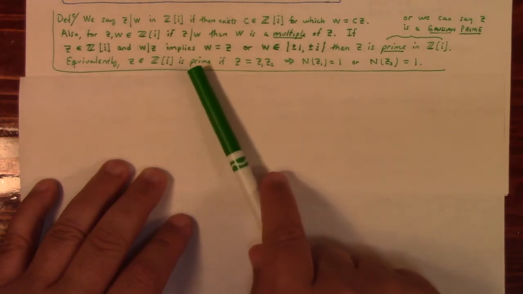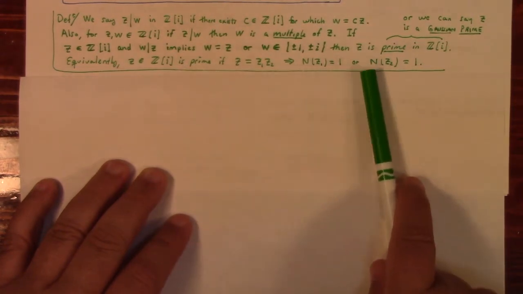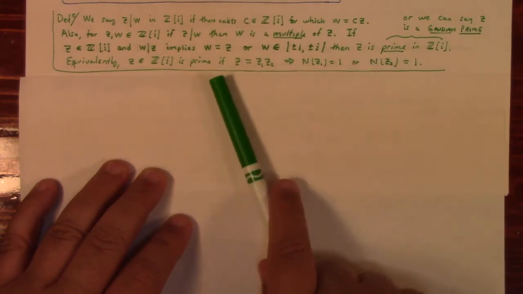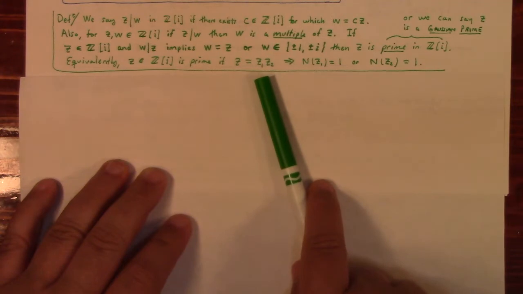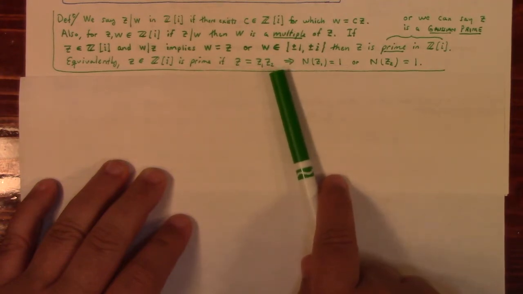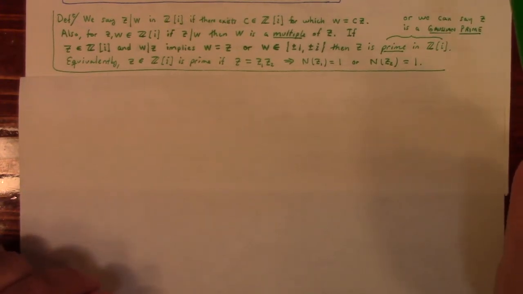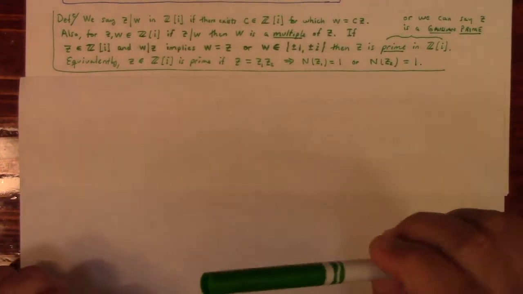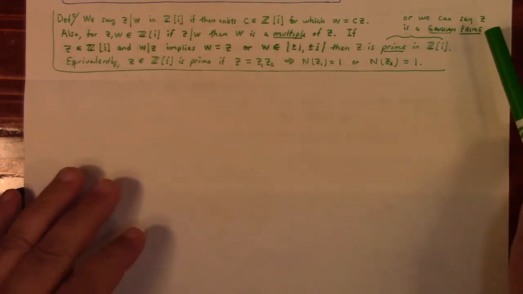Equivalently, we could say z is prime if whenever you factor it, the norm of one of the factors is 1. In other words, any factorization of the prime has to force one of the factors to be a unit. Again, a third equivalent statement to the two I've written there. Well, that's the same, that's what I wrote there. Let me shut up. So this is a prime in Z[i], but we're just going to keep calling it a Gaussian prime.